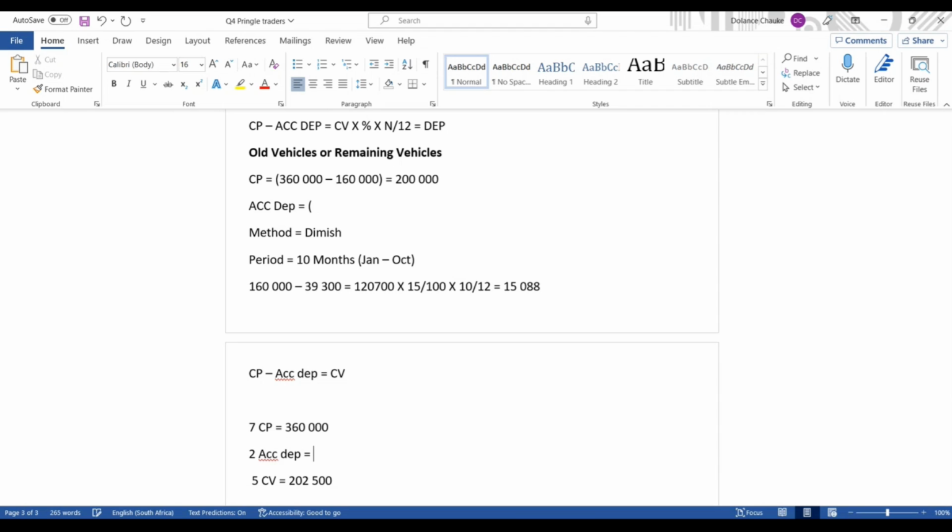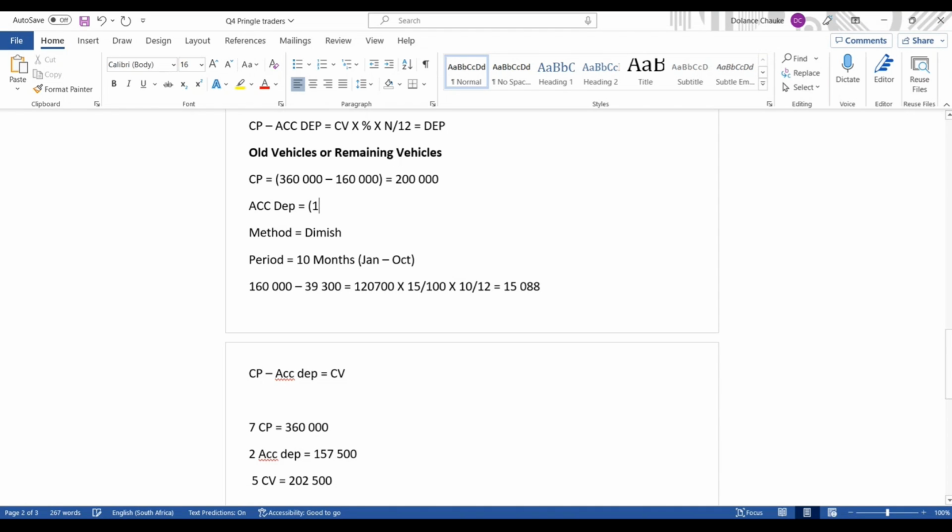There, you'll get your accumulated depreciation. How much is it? 157,500. That is our opening balance of the accumulated depreciation.